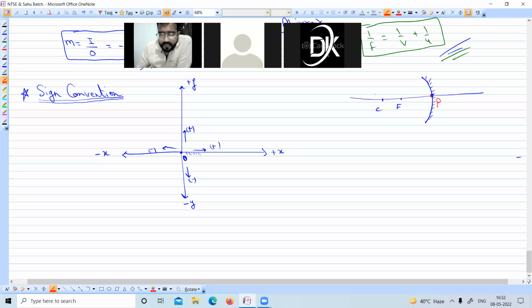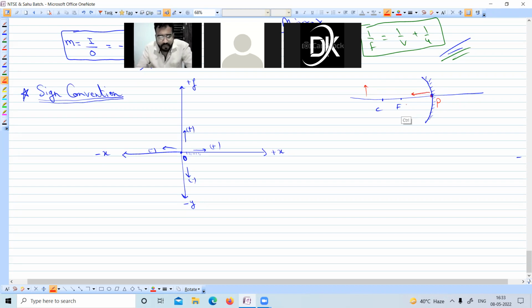Suppose the object is placed here. It means if you want to catch the object, you have to measure from the pole and move this way, right? So -1, -2, -3 like that. Ultimately minus u will be the sign convention. Now on the same ground, if you want to measure the focal length, you have to move towards the focus, in this direction.